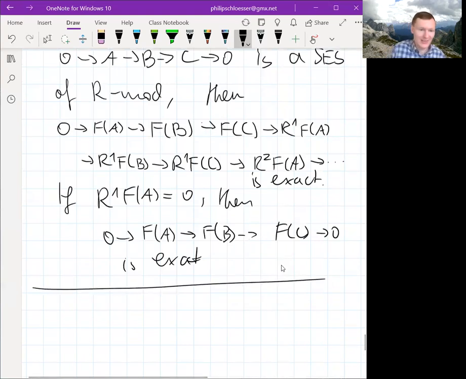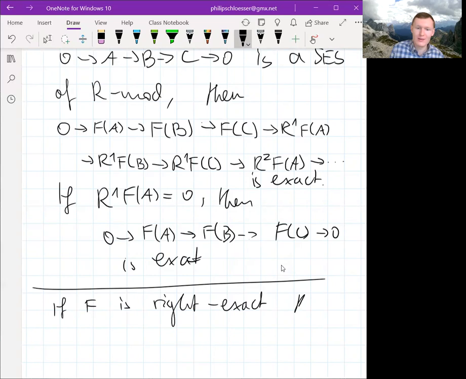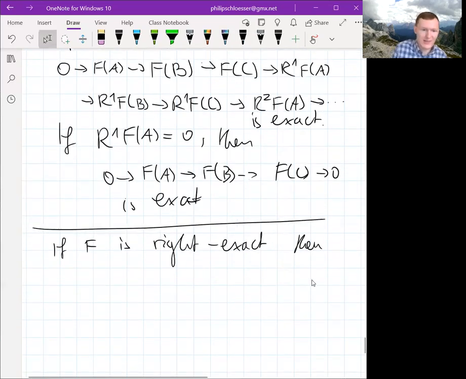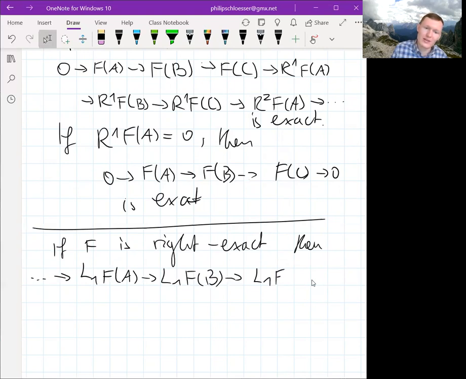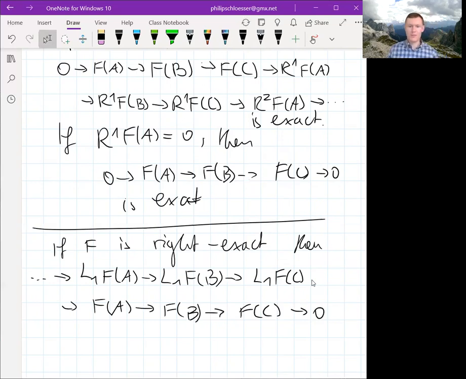Conversely, if F is right exact, then we can extend to the left: L1FA, L1FB, L1FC to FA to FB to FC to 0, which is exact.